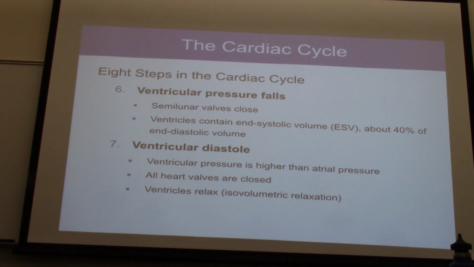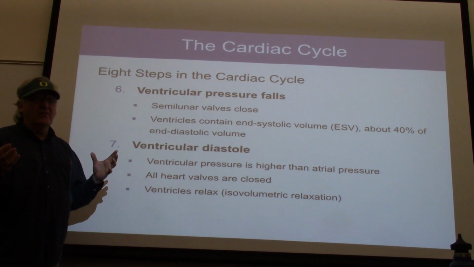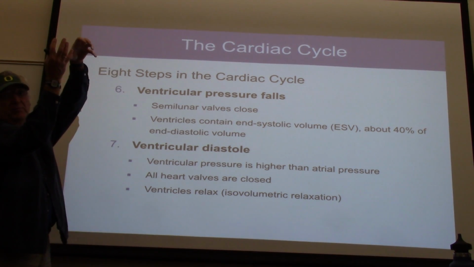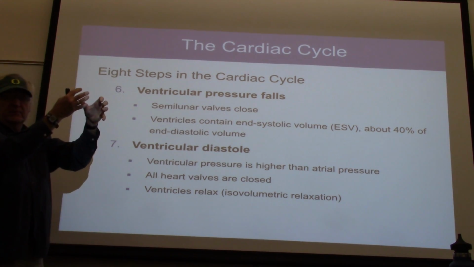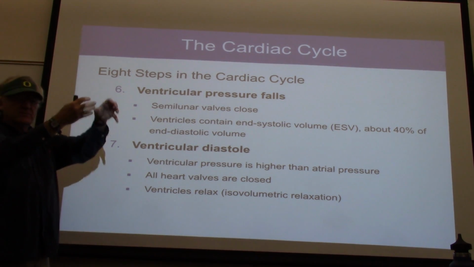So once the heart is finished squeezing, and it squeezed all it can squeeze, it's now to the emptiest empty, and now the pressure in that ventricle starts to fall, and as the pressure in the ventricle starts to fall, then it squirted all that blood out the aorta. That blood kind of can't go any farther because there's no more pushing, and boom, it comes back.